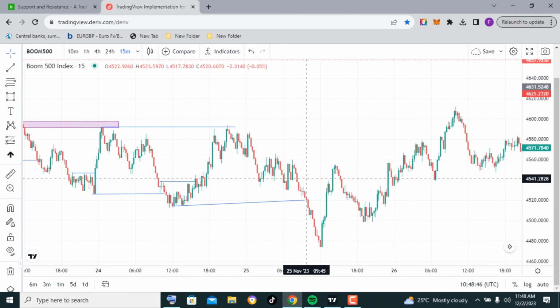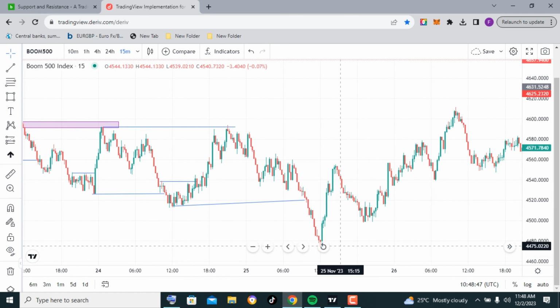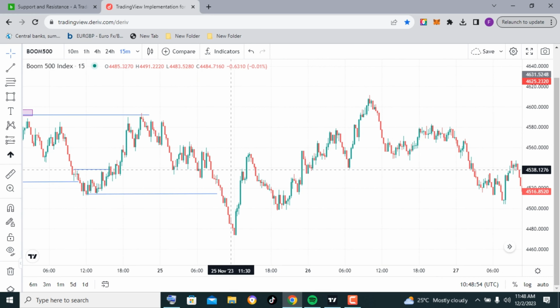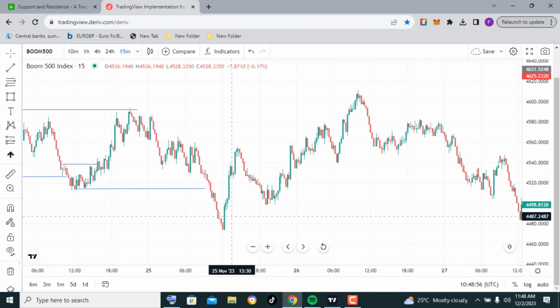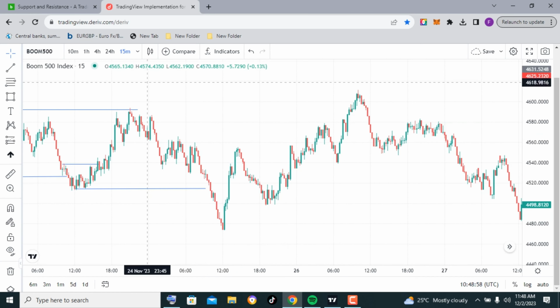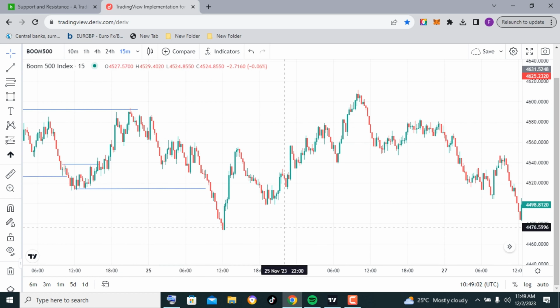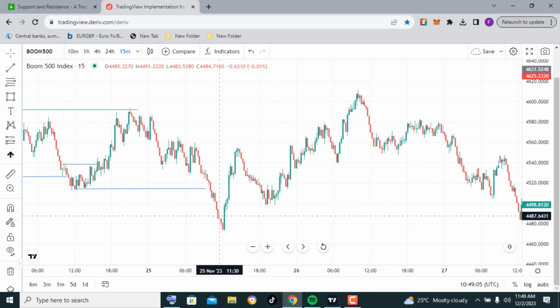So at this point, I don't think this break of structure here has been confirmed yet. This break of structure has not been confirmed because we cannot see any inducement here. So you should not be planning to sell from here, because you cannot see that inducement has been taken out yet.